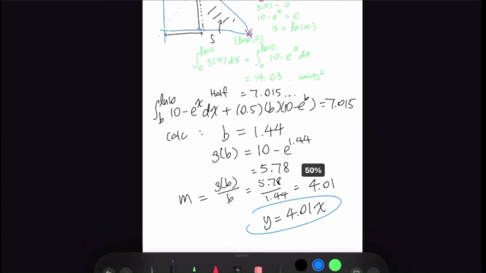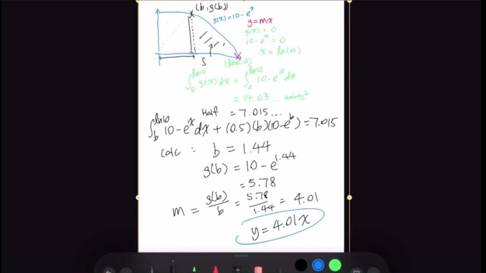And that's the working out through it. We'll just take that in for a moment and hope that makes sense. And now we're on to our final question.